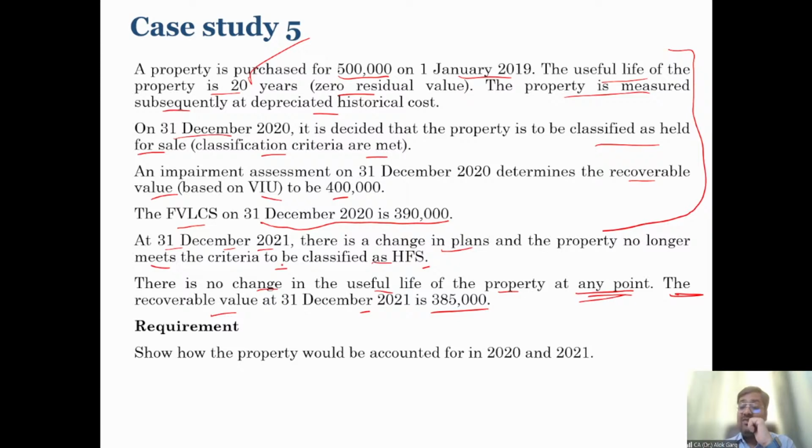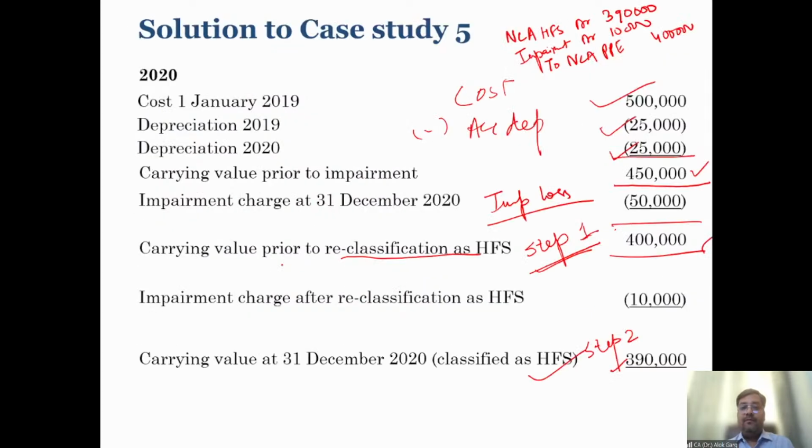Calculate the carrying value. On 31st December 20, what was the carrying value? And on 31st December 21, what is the carrying value as per Ind AS 16?